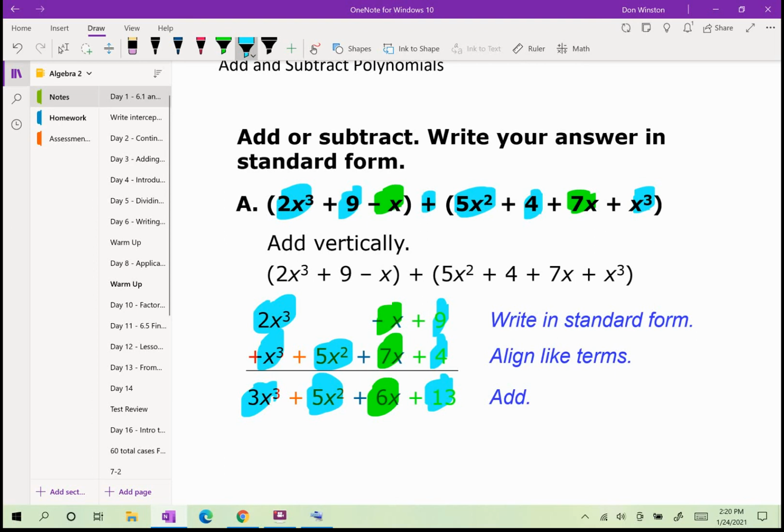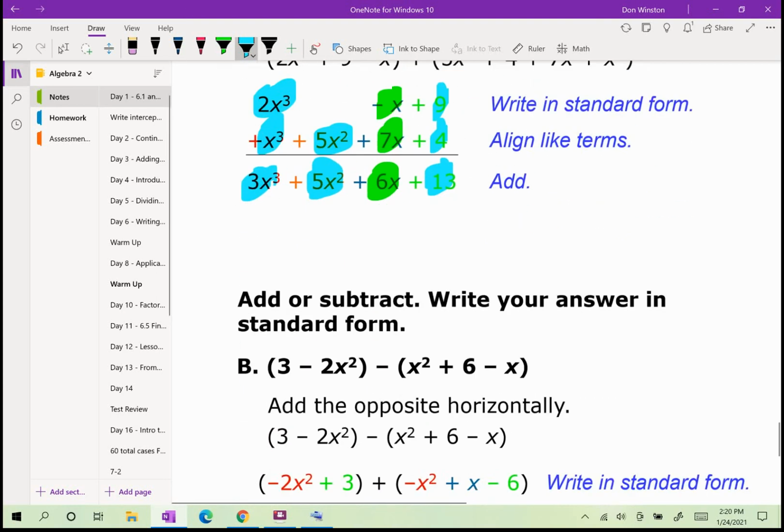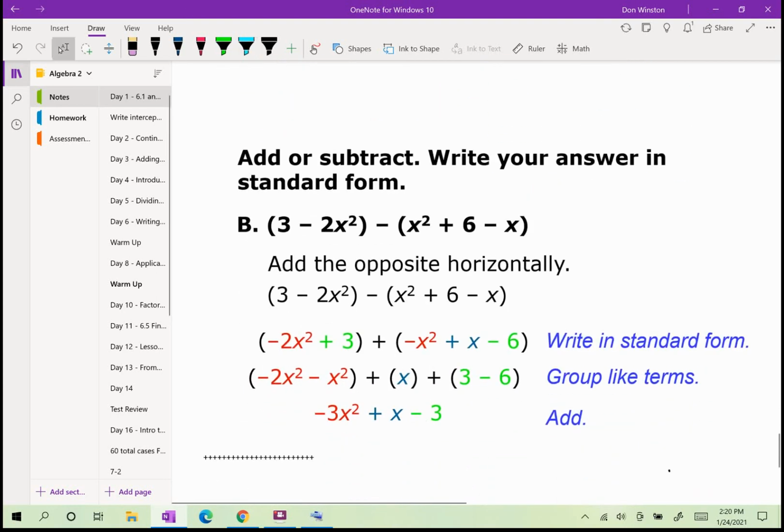Notice here, okay, they wrote the answer in standard form. To subtract, you have to remember to distribute the negative. Add the opposite horizontally. Oh, here they're using the horizontal method. Okay, so here, if I distribute the negative, I'll change this negative to plus, but then negative times a positive will give me -x squared.